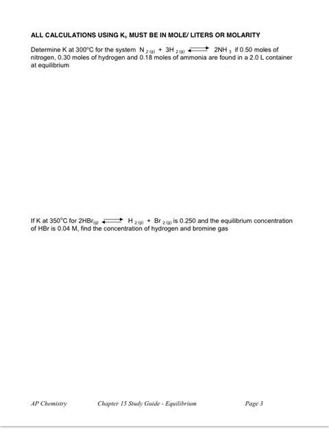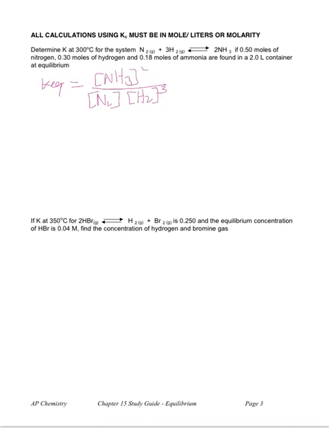So I'm going to write K_eq, or K, whatever you want to call it, is equal to the concentration of the product, so concentration of NH3 raised to the second power, divided by the concentration of N2 raised to the first power, times the concentration of H2 raised to the third power. Then, if you are trying to find the numerical value for K, which is what we're looking for, you plug in your values.